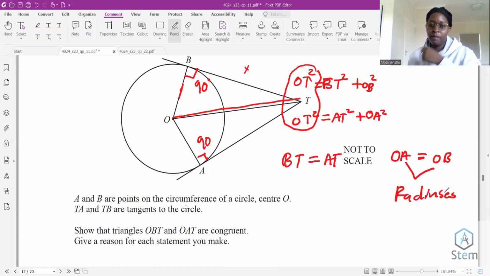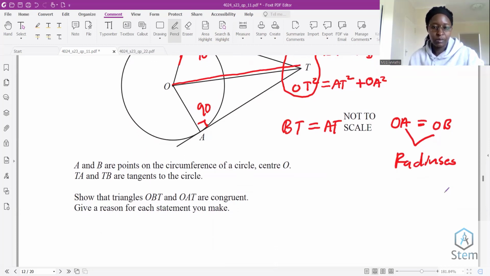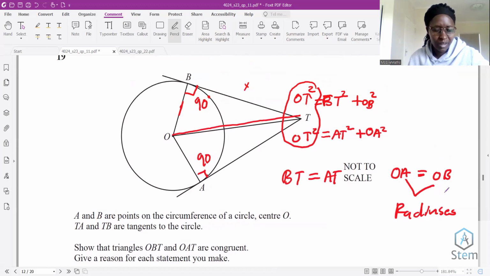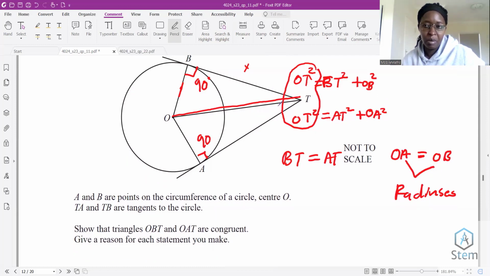Okay, fine. Let's answer the question. They're saying, show that the triangles OBT, this one, and OAT are congruent. I think we have shown that they are congruent basically by also having an angle on the same point here where we were saying this B and this T, that's where we are getting our 90 degrees.